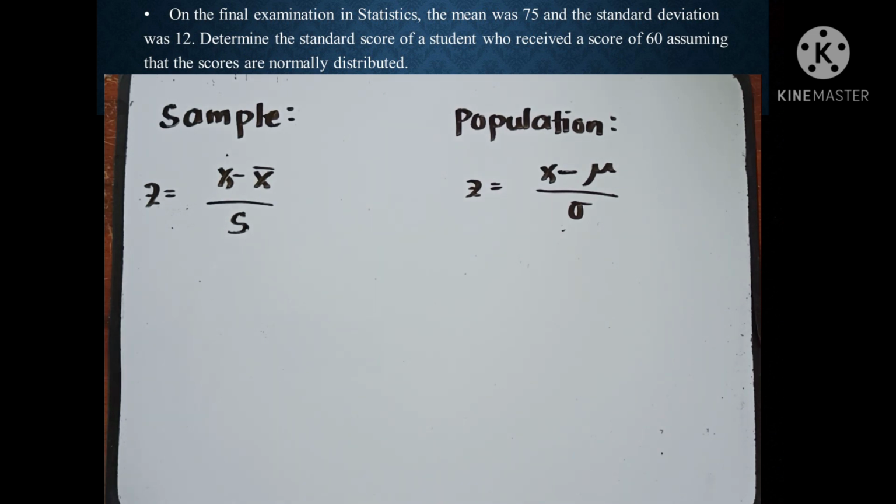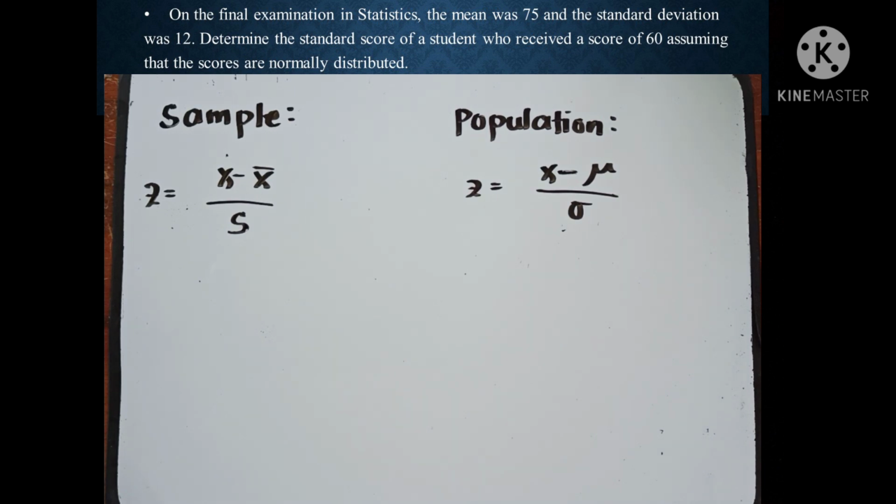Hahanapin natin ang standard score ng student who received a score of 60. Since wala namang binigay na population mean, population variance, or population standard deviation, ang given natin is a sample.